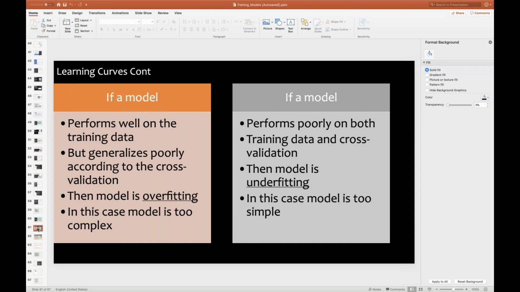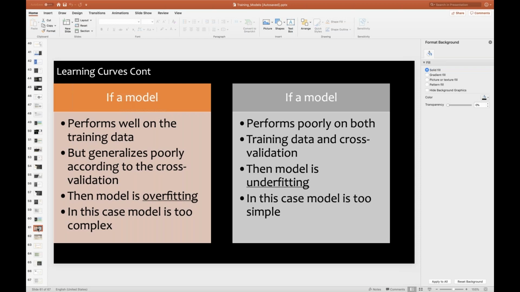Another way of understanding this is, if your model is just giving you results so comfortably, and it is performing poorly on both training and cross validation, then it is underfitting.